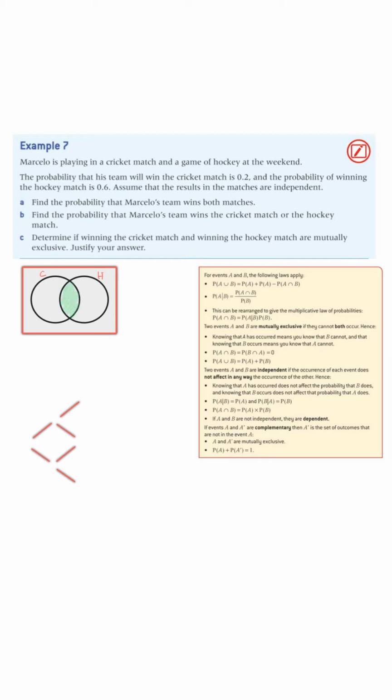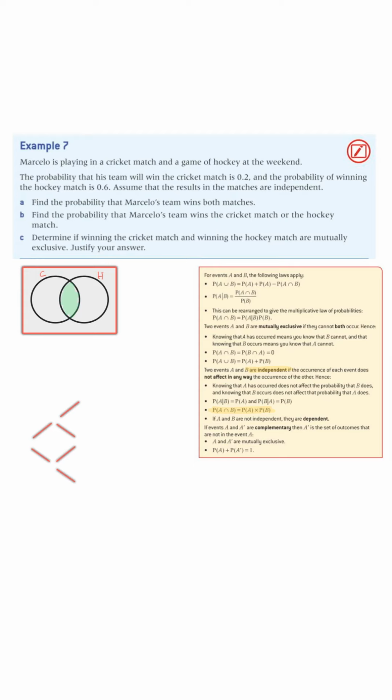Now, how do you find that area? That area for an independent event, remember this on the previous page, independent event here, you can see that the intersection is just the probability of one times the probability of the other for an independent event.